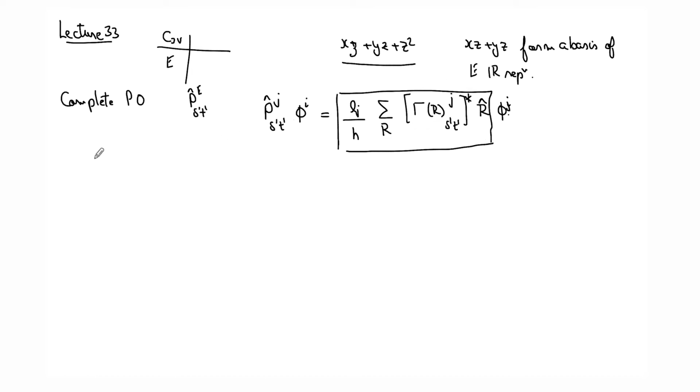So now let us see how we can obtain a similar result using the incomplete projection operator. Let us see what the incomplete projection operator is. Although it is incomplete, it gives you the same result with slight human intervention.